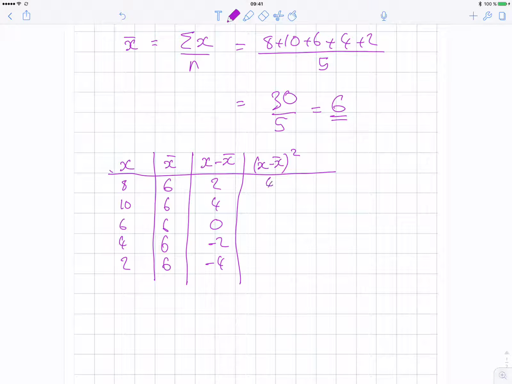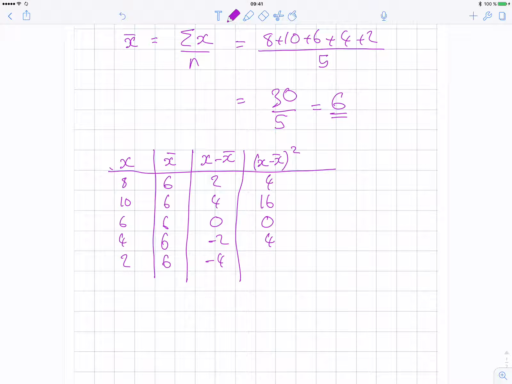So 2 squared is 4, 4 squared is 16, 0 squared is 0, minus 2 squared is 4, minus 4 squared is 16. And now I need to sum this. So 4 add 16 is 20, and 4 add 16 is 20, so it's going to be 40.